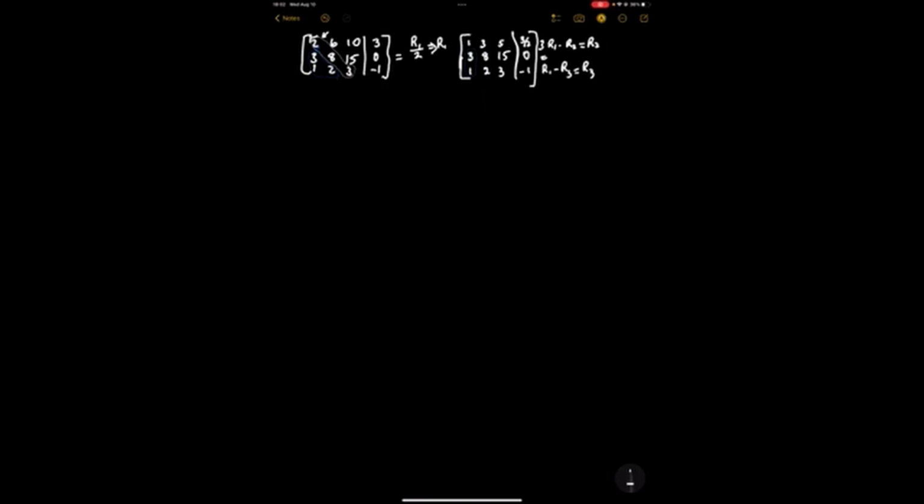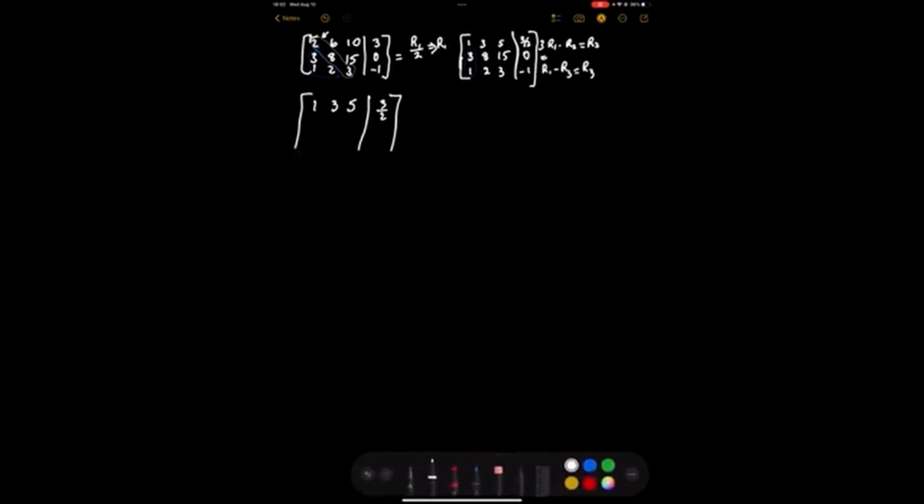I'm going to multiply 3 times row 1, and then subtract row 2 from it. So row 1 is going to stay the same this time. I'm going to write it like that, and then do the calculation to get row 2 and row 3. Alright, let's do this now.